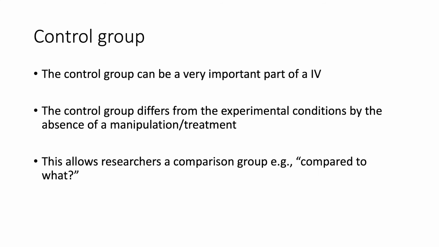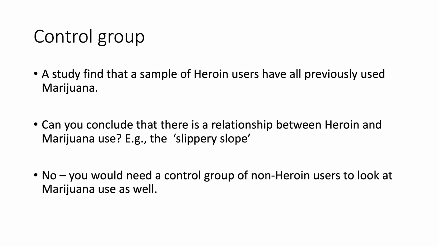And so it gives us something to compare whatever it is that we're interested in to, what happens when the manipulation isn't present. So it allows us to ask the question compared to what, and whenever we're considering psychological findings, it's also a good idea for you to, just in your head, say compared to, and then try and think about how you're going to place those findings in context.